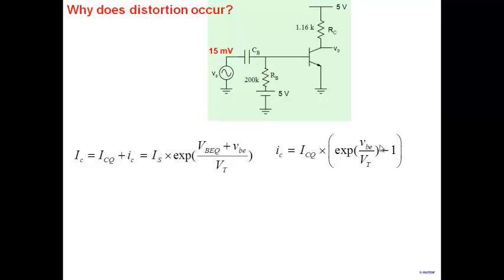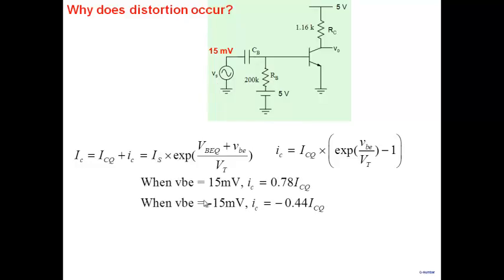Now you can see here, VBE is positive, the signal voltage here. Suppose when VBE is 15 millivolt, IC comes out to be 0.78 ICQ. The AC value of collector current is whatever is the DC multiplied by 0.78. When VBE is minus 15 millivolt, IC is minus 0.44 ICQ.